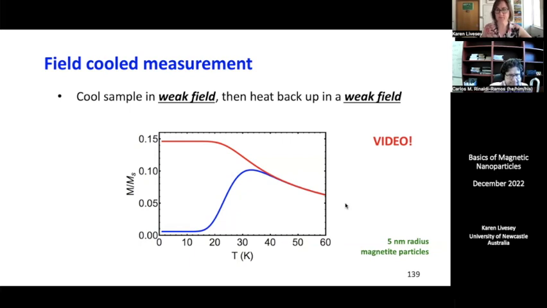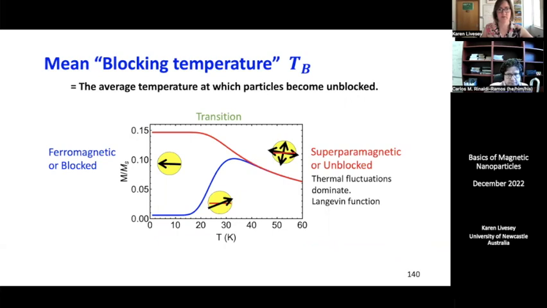Okay, so I promised we'd explain these 3 regions. So here is my picture. Down at the low temperatures, we have the blocked region, which we've talked about multiple times. And because the particles are blocked, because they can't escape local energy wells, we see no great change in the magnetization as we heat up.